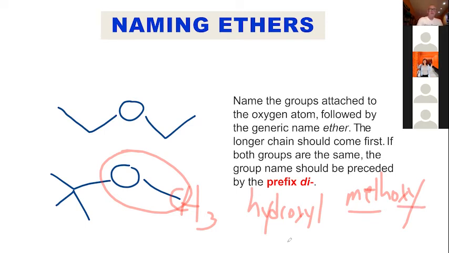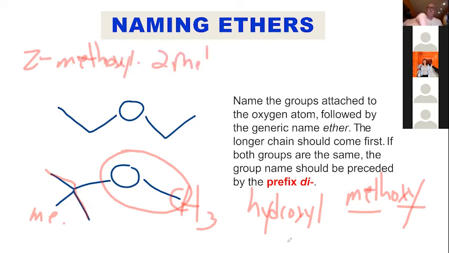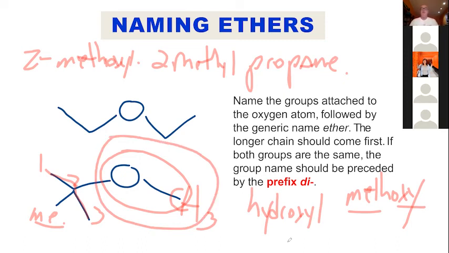And so here we would just call this 1, 2, 3, with a methyl group. So that would be 2-methoxy-2-methylpropane. So 1, 2, 3 carbons with a methyl group and this methoxy group. Now, if it was 2 carbons attached to the oxygen, we would call that ethoxy.